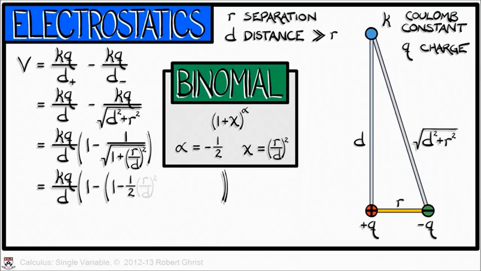Because the first two terms in the binomial series are 1 plus alpha x, we get the first two terms in the series applied here to be 1 minus 1/2 times (r over d) squared.